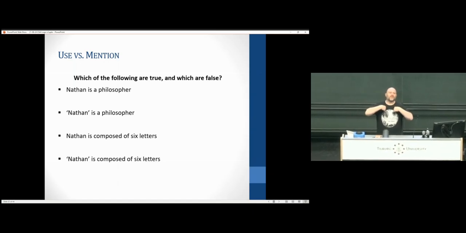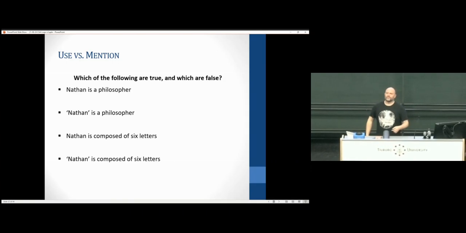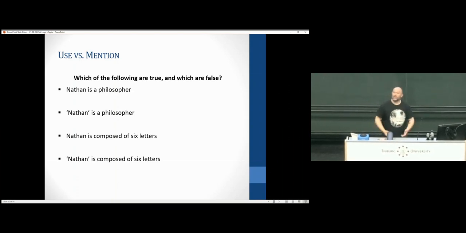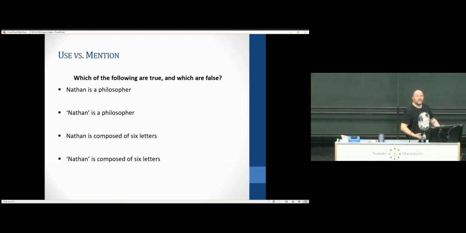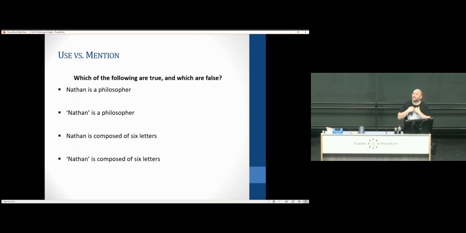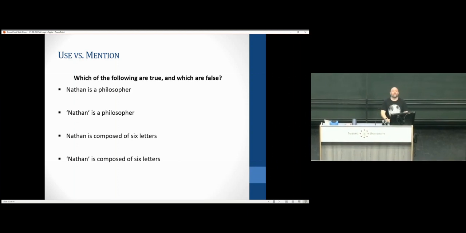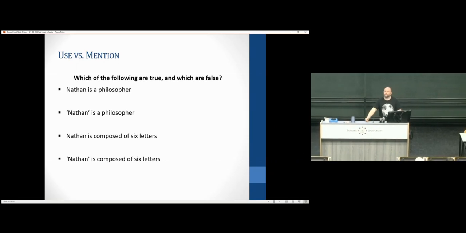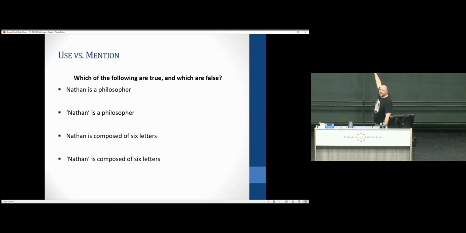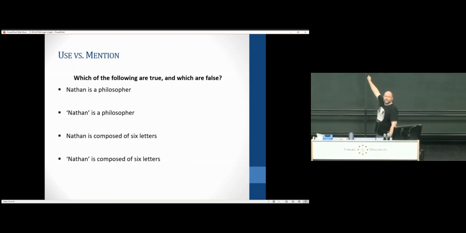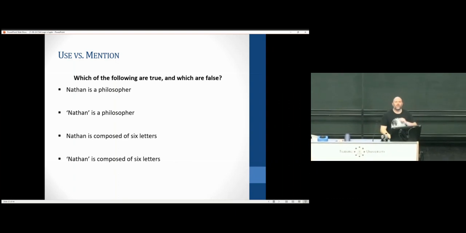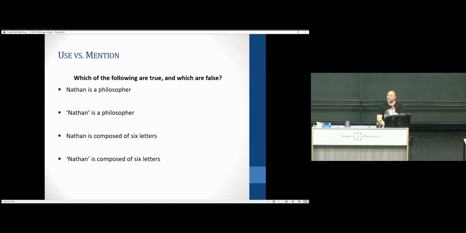What's the second sentence about? Yeah, it's about my name, right? It's about my name. It's not about me, it's about the term we use to pick me out. It's about a word. That's also why the second pair have the kind of readings that they do. And it's a simple, very small thing, but it's a very important thing to see the difference.